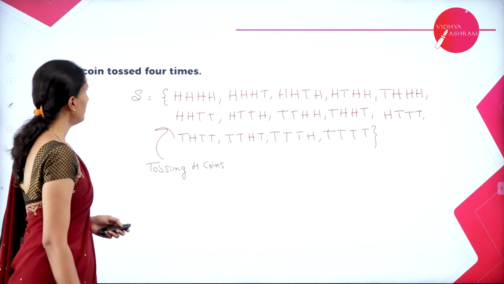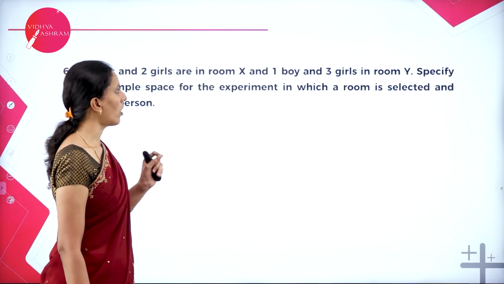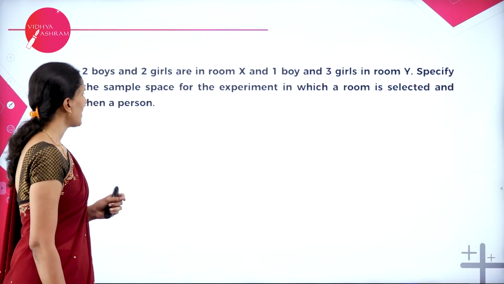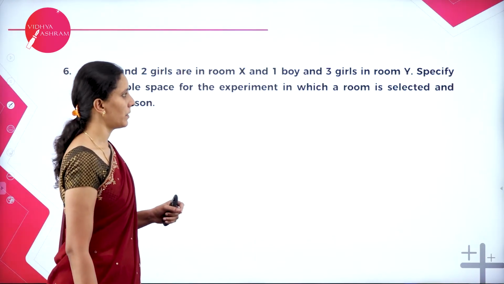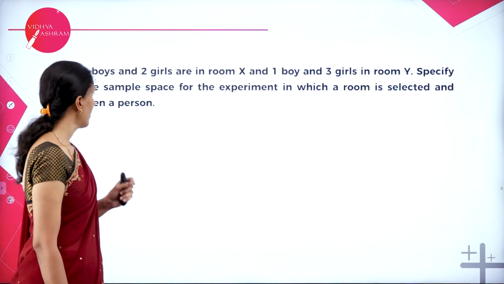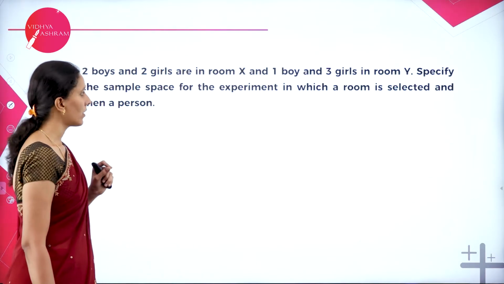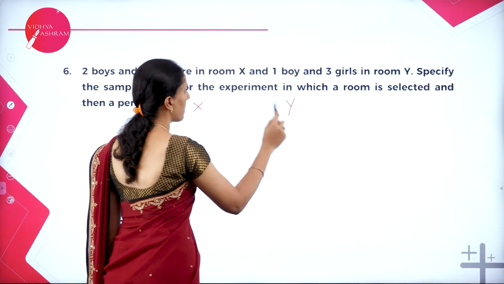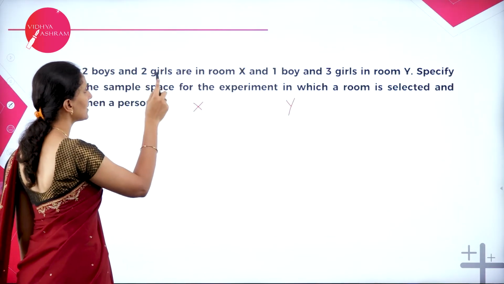Let's see the next one. 2 boys, 2 girls are in room X. 1 boy, 3 girls are in room Y. Specify the sample space for the experiment in which a room is selected and then a person. Let's look at the options we have. So we have room X and room Y. We have 2 girls and 2 boys.